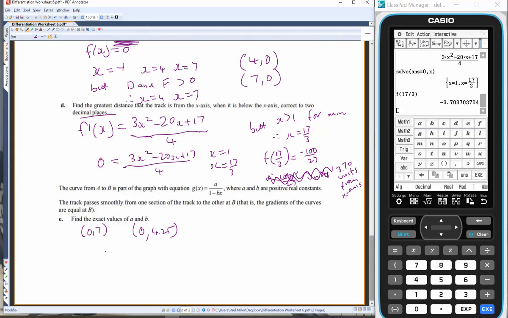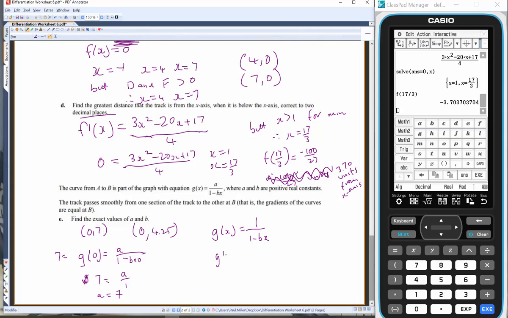So what we're going to do is, we're going to say that 7 equals g of 0 equals a over 1 take bx, so b times 0. So that's going to be 7 equals a over 1. A must be 7. Okay, so now what we're going to do is note our function is g of x equals 7 over 1 take bx.